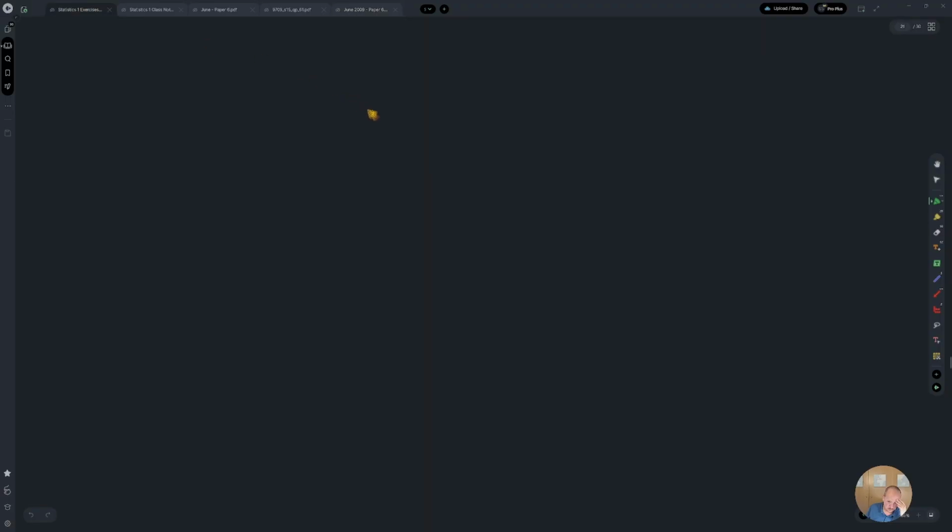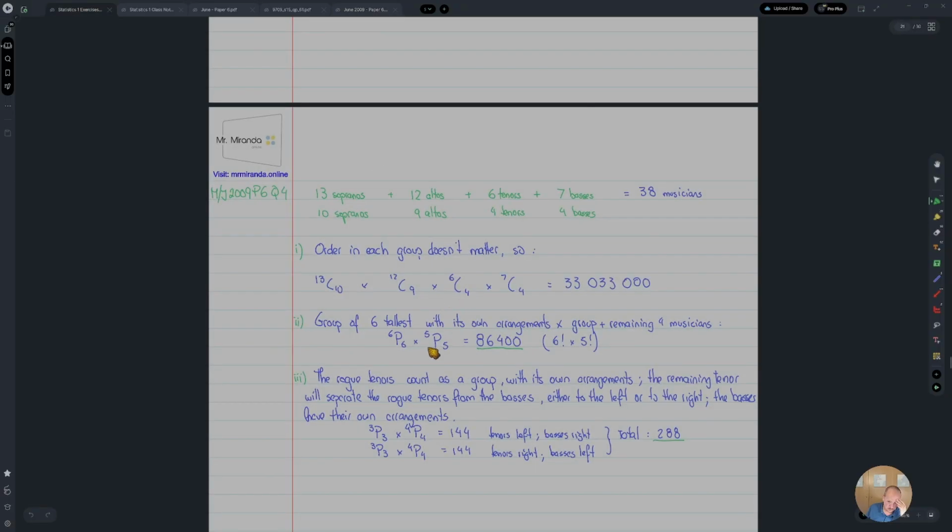But now that you know about permutations, you can go a little bit more technical and realize that the real reason why things are done the way they were taught in the beginning is because of permutations, right? You have a group of 6 tallest with its own arrangements within this group of 6 of the tallest sopranos. And then you are left with what? You are left with this group, which counts as a single person, plus the 4 remaining sopranos, right?